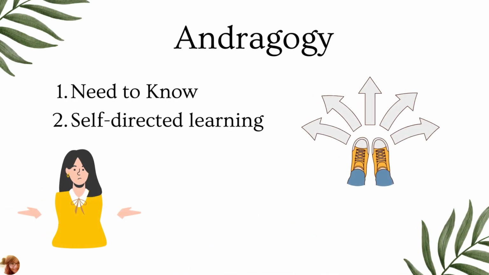Whether a student is online or traditional, they need to know the value and why behind the content they are learning. For both platforms, students should have some sense of self-direction that can be facilitated by providing opportunities to plan, self-evaluate, and self-diagnose their own learning needs.